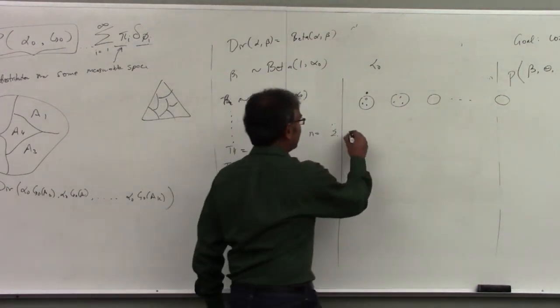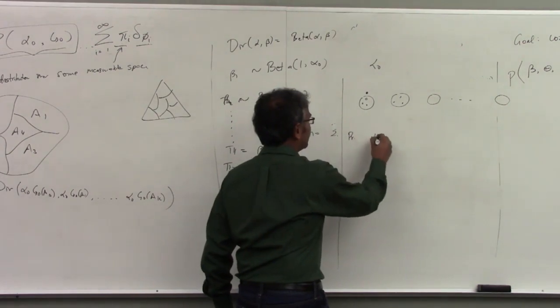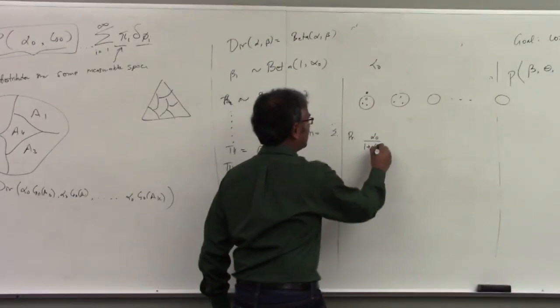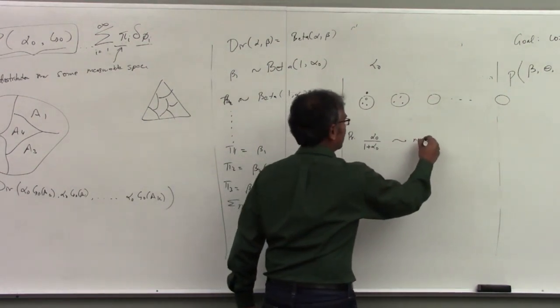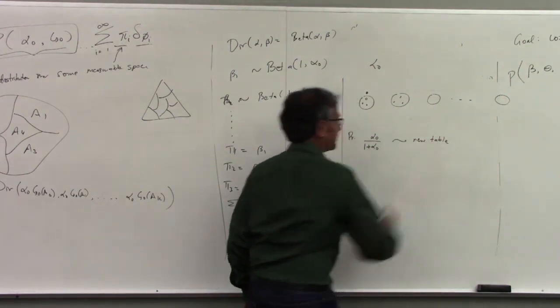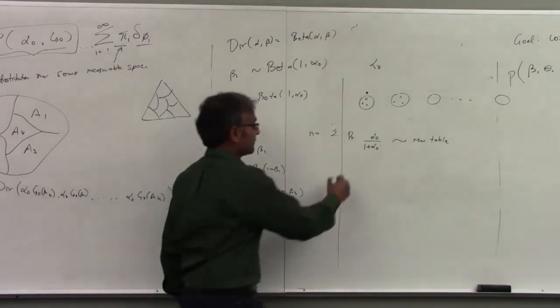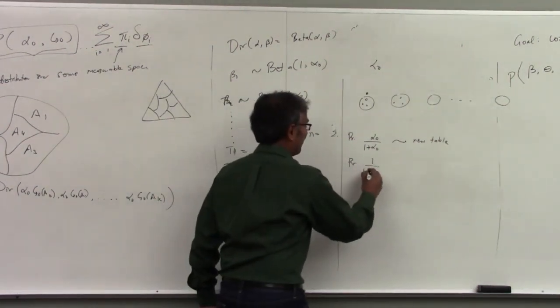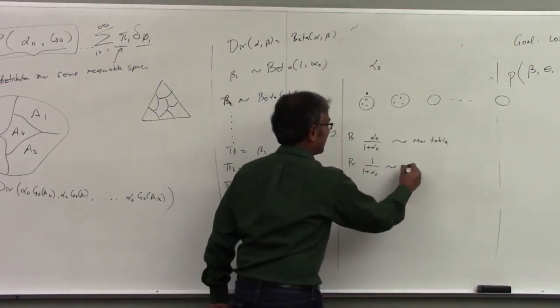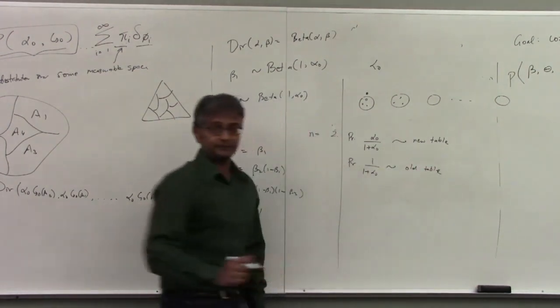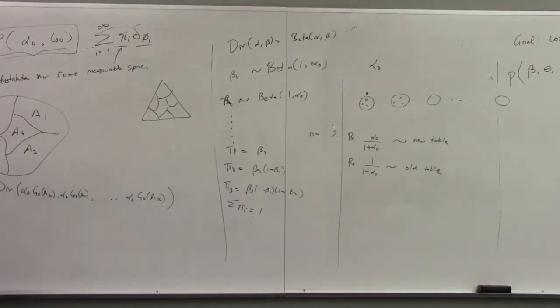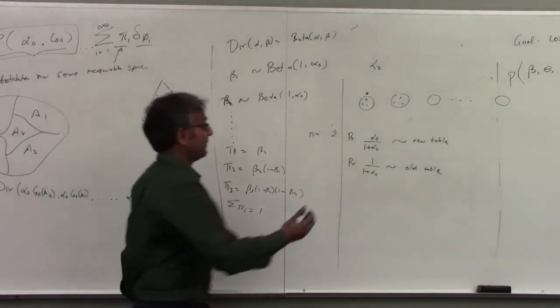With probability alpha 0 over 1 plus alpha 0, they go to a new table. And with probability 1 over 1 plus alpha 0, they go to an old table, in particular this table. Okay? So now the second person is done. Maybe the second person decides to go to the same table as the first.